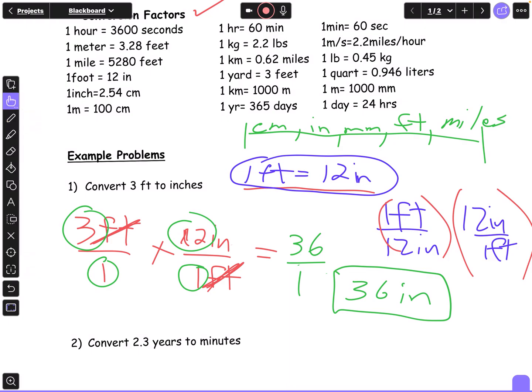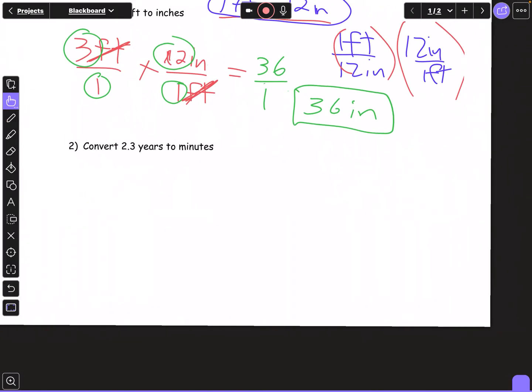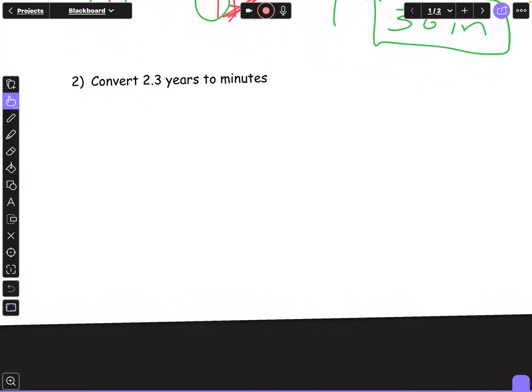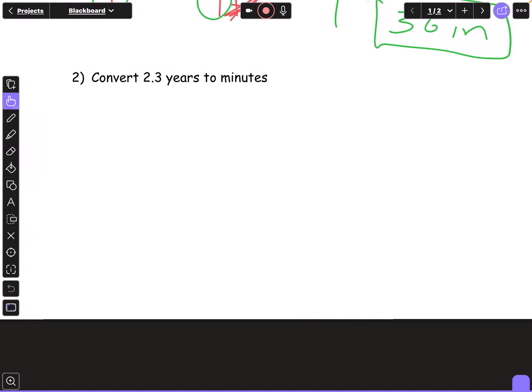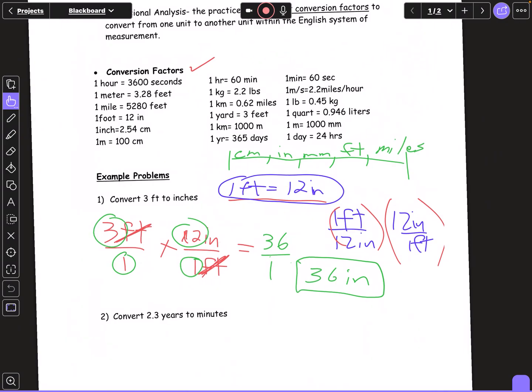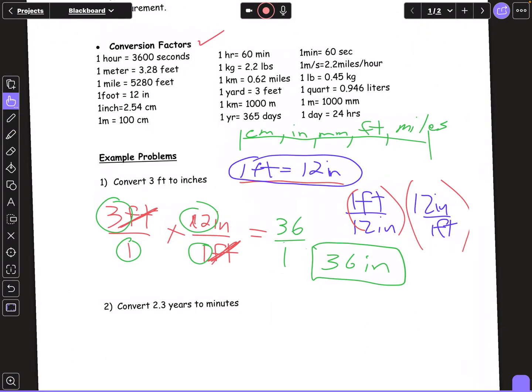Now the next example, it says to convert 2.3 years to minutes. Now there's no way, I don't have a conversion up here that goes from years to minutes, but what I can do is go from years to days, and then from days to hours, and then from hours to minutes.